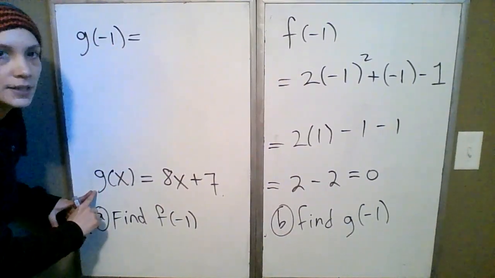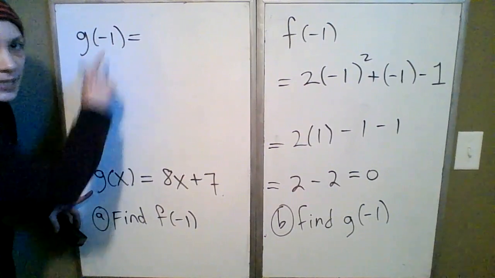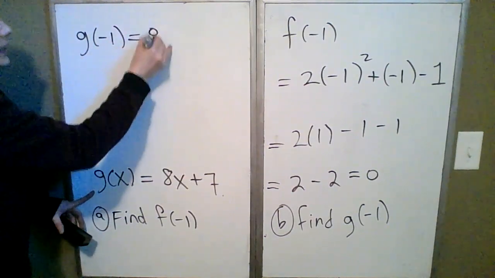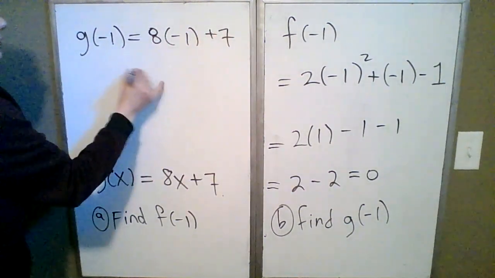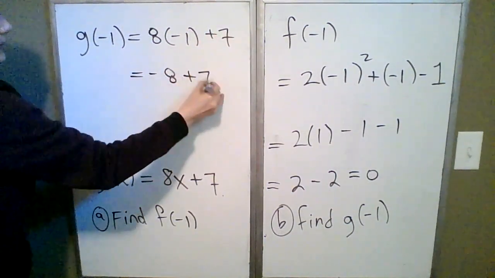Your function g, the input for x in this case is -1. So I have to multiply by -1. -8 with a +7 would be -1.